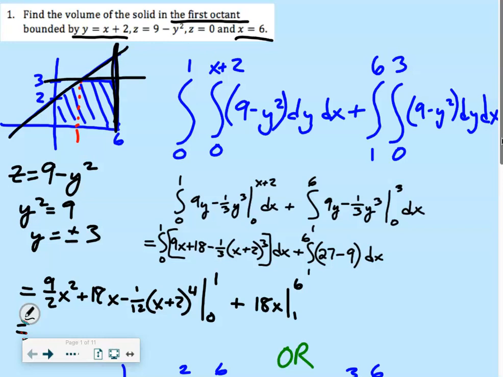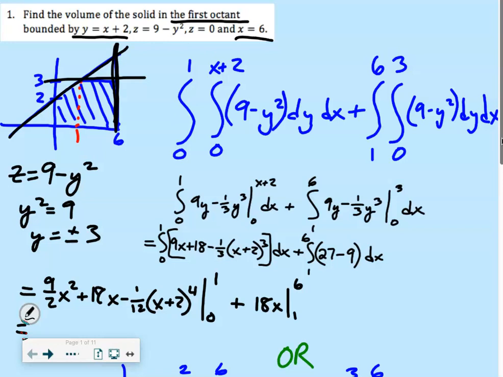That was the trick. Yes, Jack? So what's a way to standardize the checking process for each question? Check whether our bounds produce the z outside of the region we're talking about. I always just sketch all the boundaries. If it doesn't say in the first octant, then the z is irrelevant.